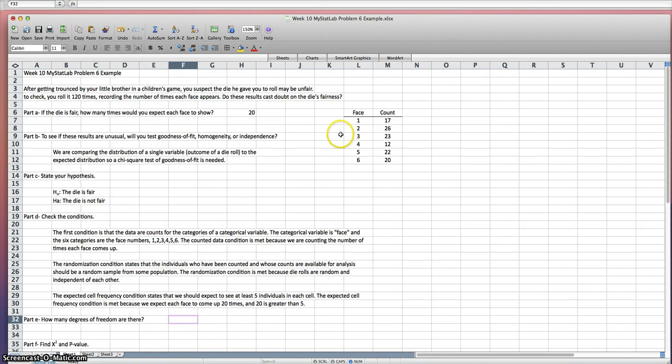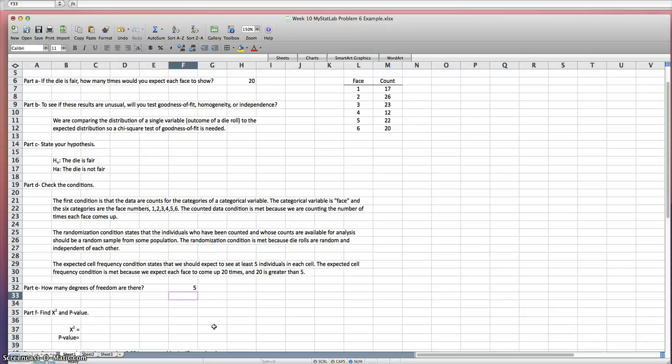Well, we have 6 different faces here. So our chi-square degrees of freedom is going to be equal to 6 minus 1. I'm pretty sure that's 5. Yes, it is. So our degrees of freedom here are 5. Let's move on to our next part.